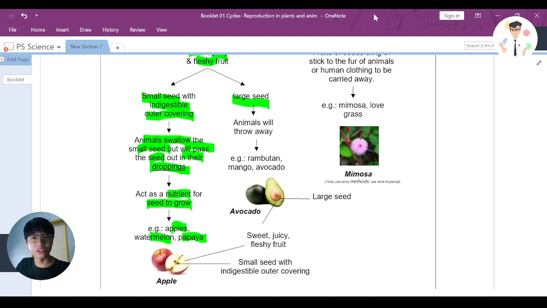When it comes to a large seed, the animal cannot really swallow it, so it will just throw it away. You eat the fruit and throw away the seed. Examples are rambutan, mango, and avocado. As you can see from the diagram, apples have sweet, juicy, fleshy fruit, and so does avocado, but apples have a small seed while avocado has a large seed.